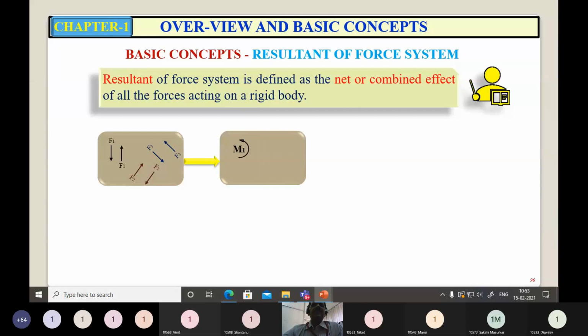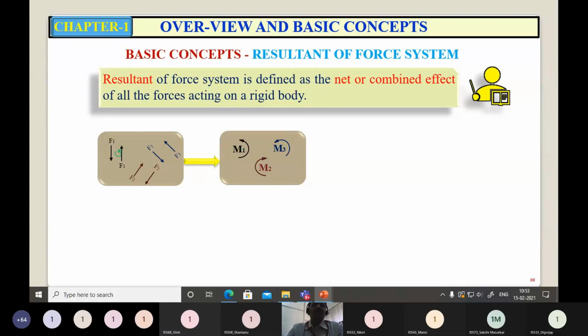Right? Let us say M1, M2, and M3. M1 is the couple formed by two F1 forces. And what is the sense of rotation? See here, this arrowhead is coming down, it is going up. So the sense of rotation is anti-clockwise, no? Anti-clockwise. Yes, it is anti-clockwise.